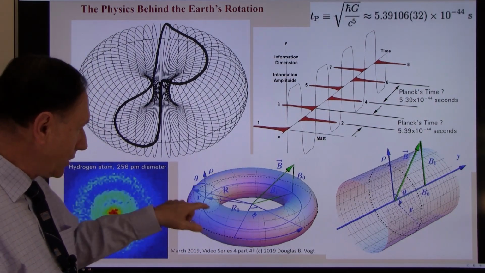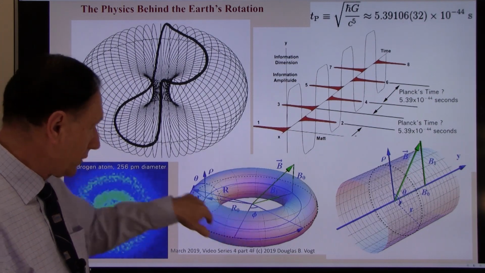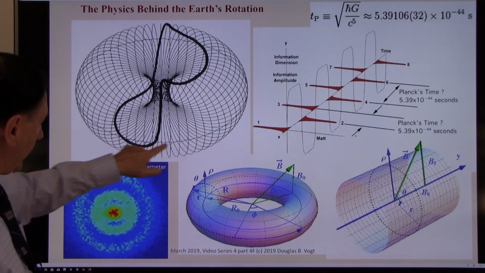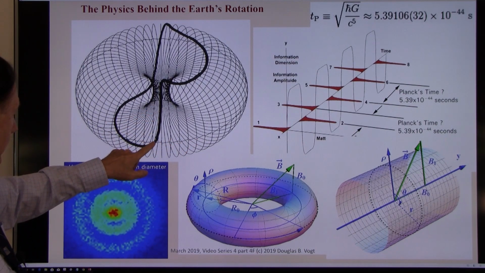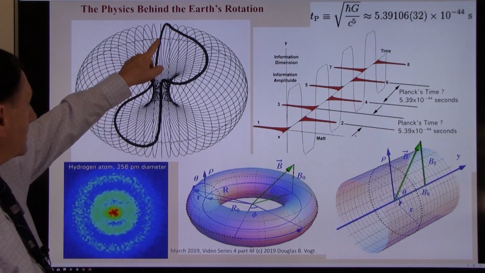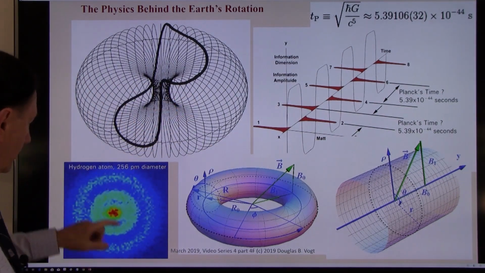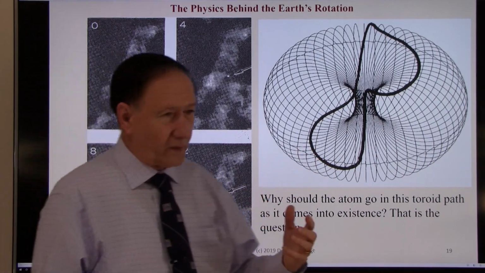The atom goes in a circle, it rotates around within itself as it does this whole loop. In other words, this little line here is the x-axis. As this waveform crosses the x-axis, it creates, let's say, that. Or it crosses the other side and creates that. The question really is why.